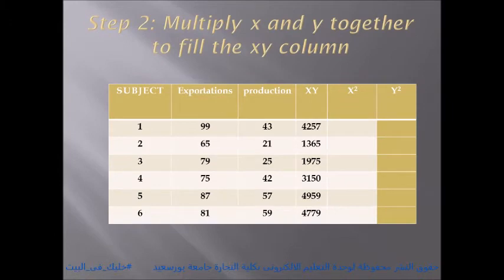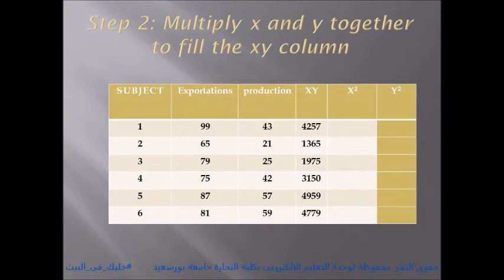Step 2, multiply x and y together to fill the xy column. For example, for subject number 1, exportation, which represents y, multiplied by production, which is x: 99 multiplied by 43 equals 4,257.